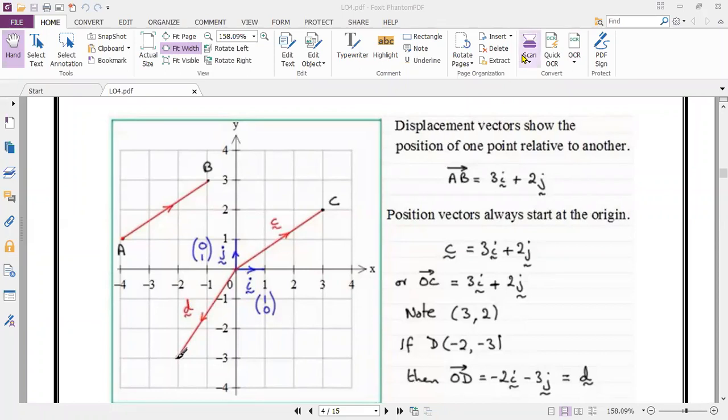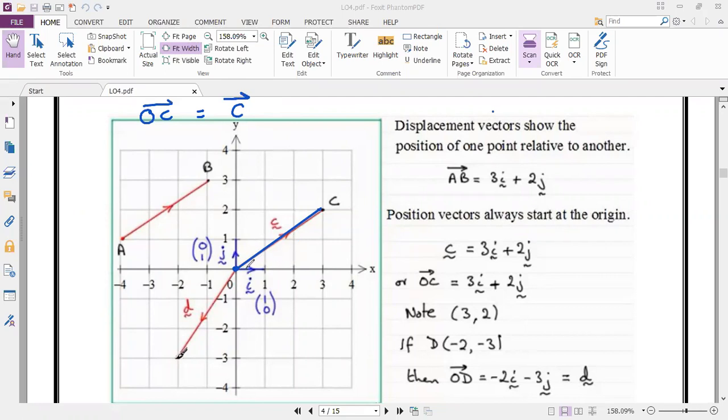And what is the definition of the position vector? The position vector is that vector which starts at the origin point. So if we look at C here, the vector C started at the origin point and ends at C. So we can write it as OC, or as a shortcut, C, the vector C. So what is the vector C here?